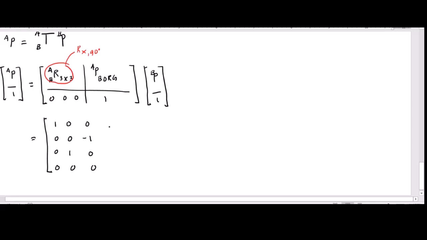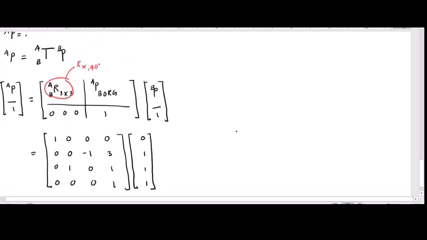And our PBORG is 0, 3, 1, and this is 1. Multiply that with P to B, 0, 1, 1. Insert 1 to become 4 by 1.